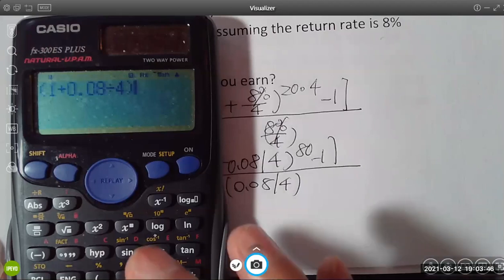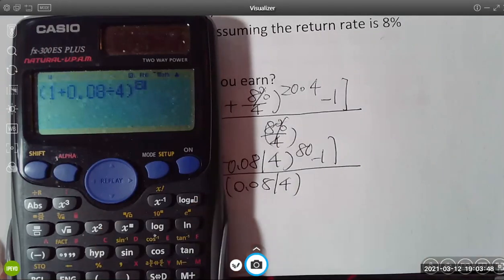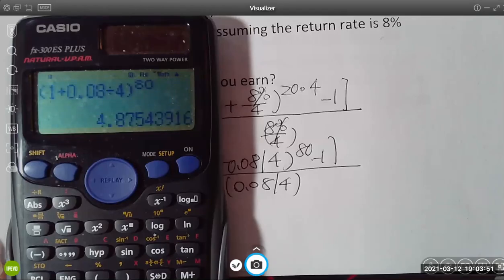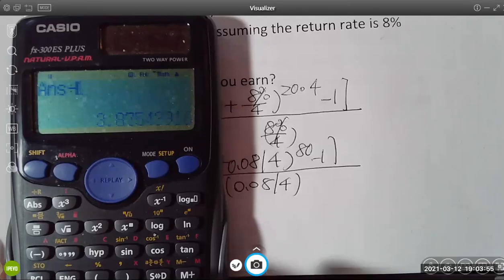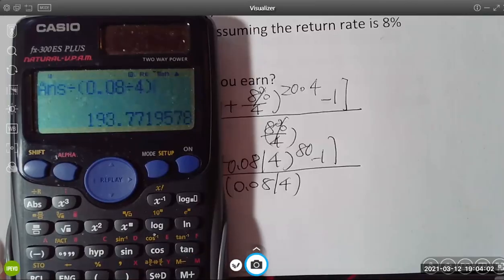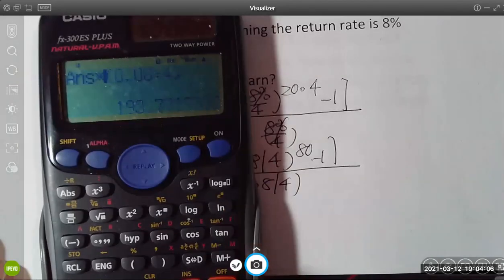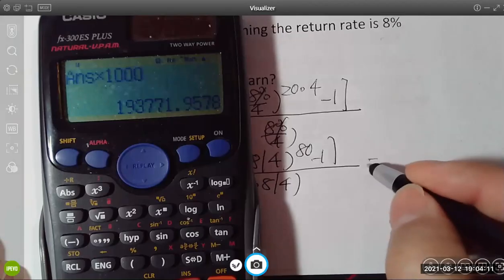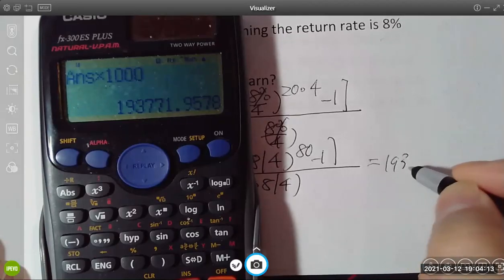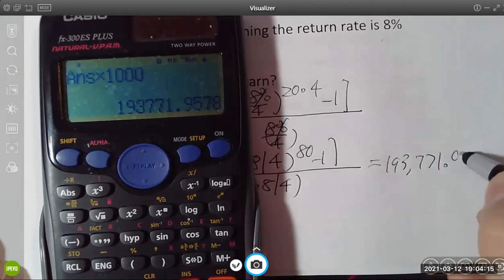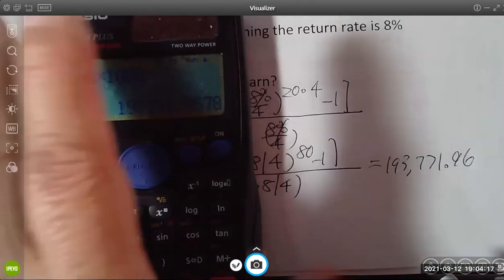That's correct. To the power of 80, equals, minus 1, equals, divided by parentheses 0.08 over 4, equals, then times deposit amount 1,000. So times 1,000, equals. So the answer is 193,771.96. And that's the total account value.